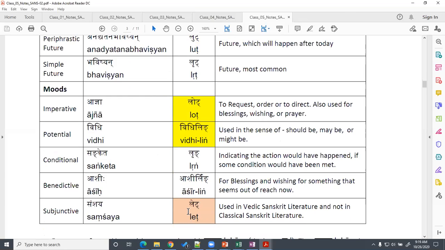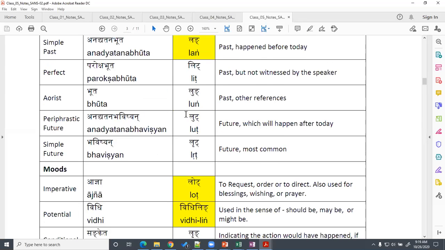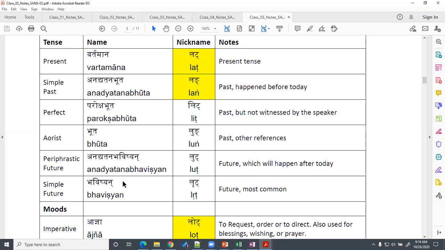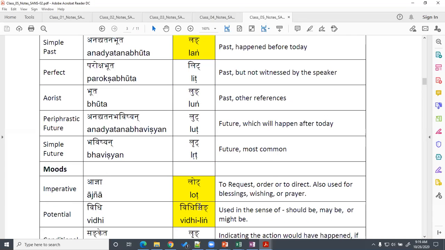We covered two of them, and Let lakara is not to be covered. It is used primarily in the Vedas. So out of all these tenses and moods, we primarily saw 5: Lat, Lan, and Lut, the future, Lot, and Vidhiling. We saw 5 of them.